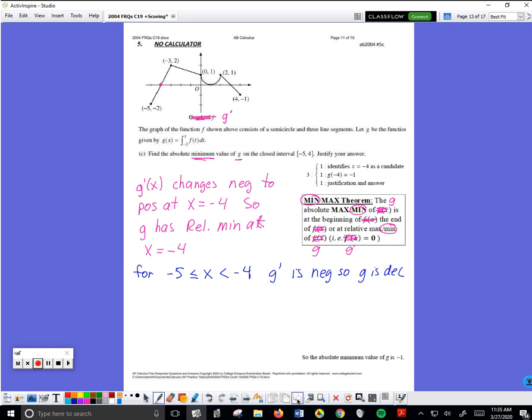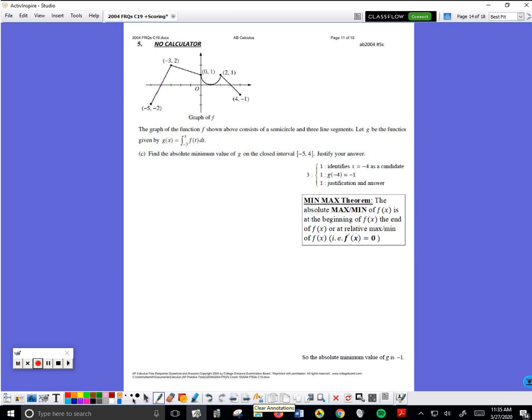So I'm going to copy this over. And we've already done the pink, so now what we do is we say G has absolute min at x equal the beginning x coordinate, or the x coordinate where G had a relative min, or the x coordinate at the other end.